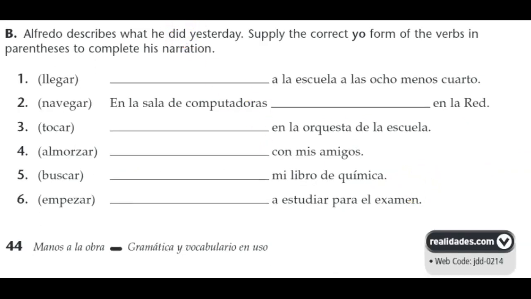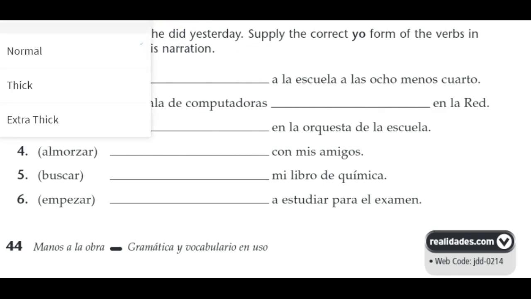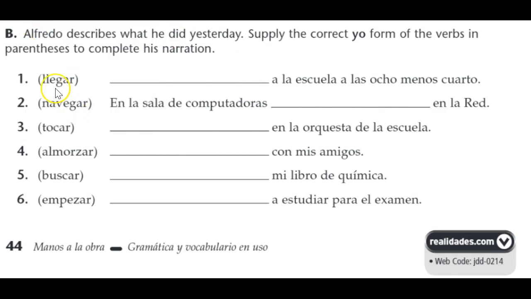Okay, look at part B. Alfredo describes what he did yesterday. Supply the correct yo form of the verbs in parentheses to complete this narration. Now, be careful with that GAR, right? The GAR and the CAR, ZAR.